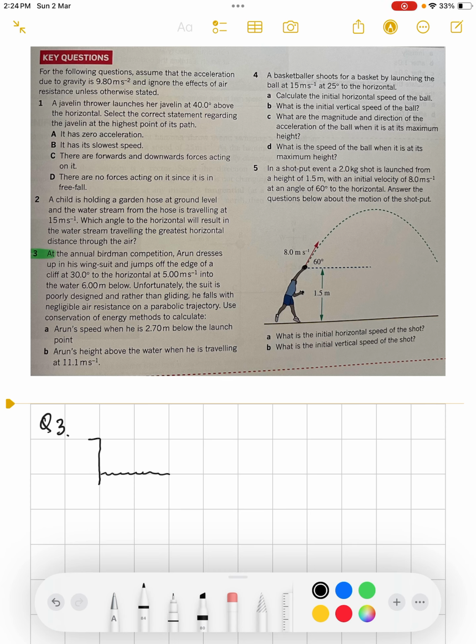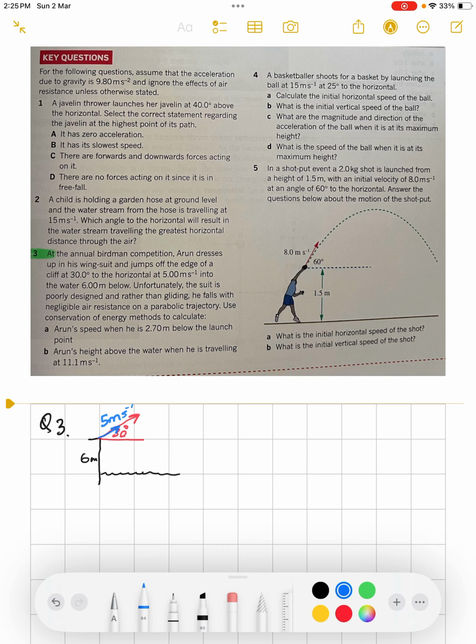He jumps off the edge at 30 degrees to the horizontal at 5 meters per second. So there's the horizontal, there's 30 degrees, and he jumps off at a velocity of 5 meters per second into the water below. I'll just use meters per second, m s^-1.